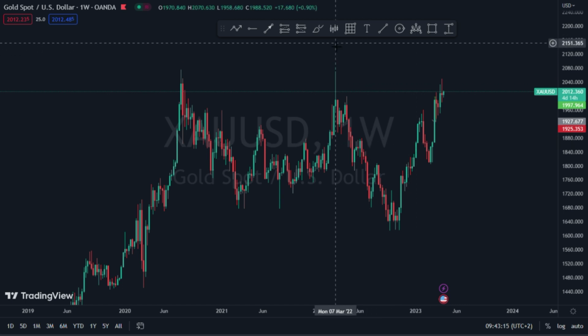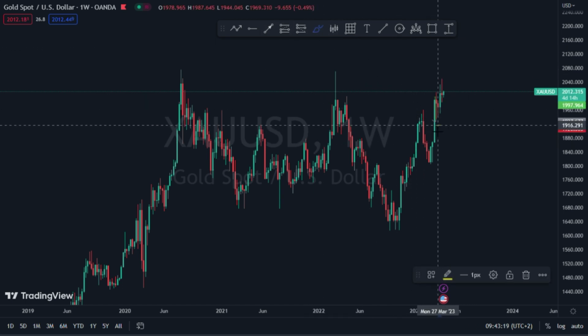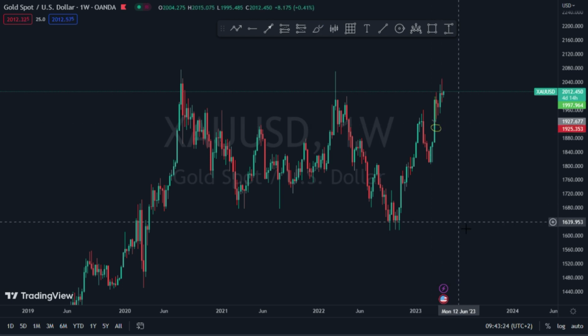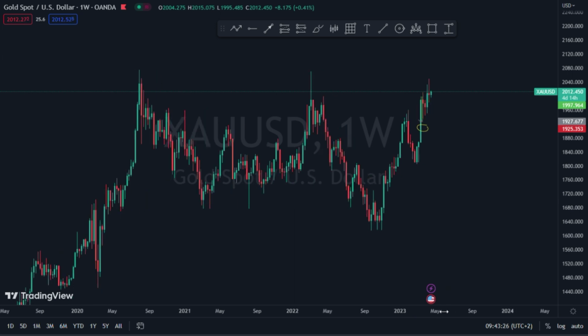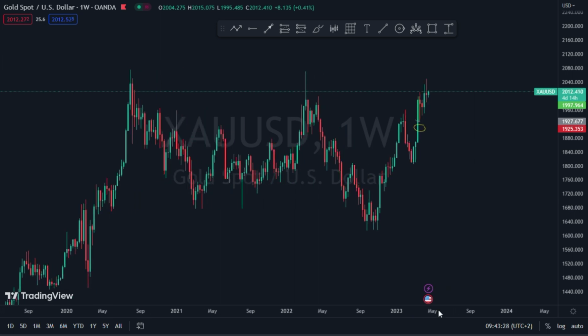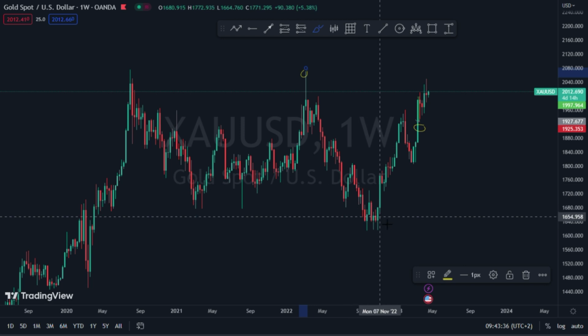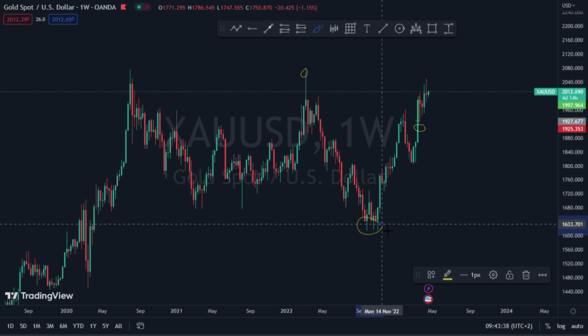I believe that during my previous analysis, gold was still around these areas right here. The reason I was so confident that gold is gonna push to the upside was because of this level right here and this level right here, right?